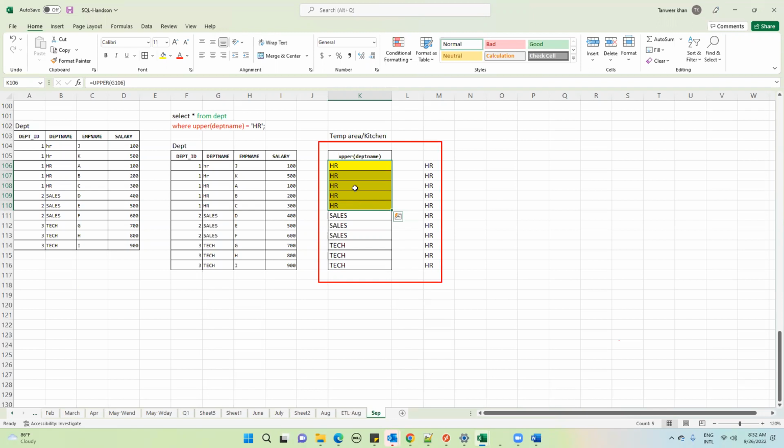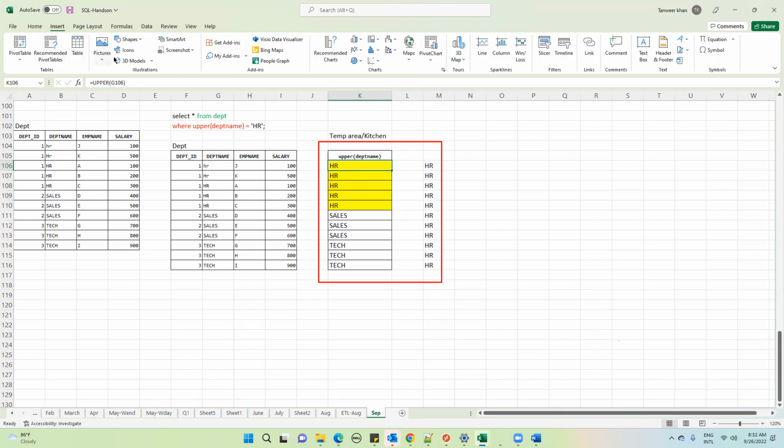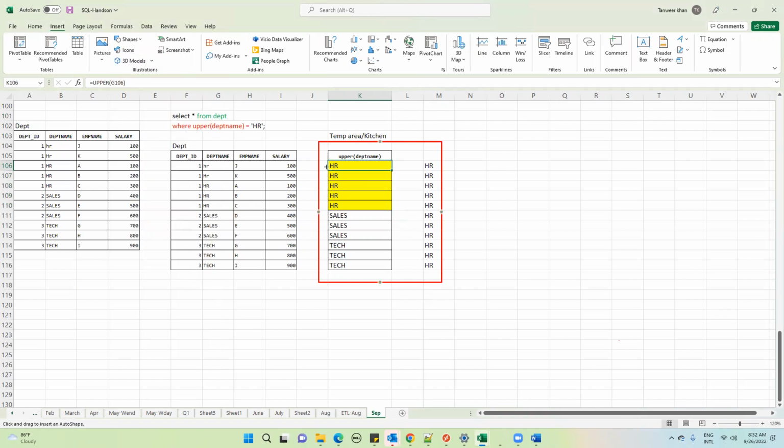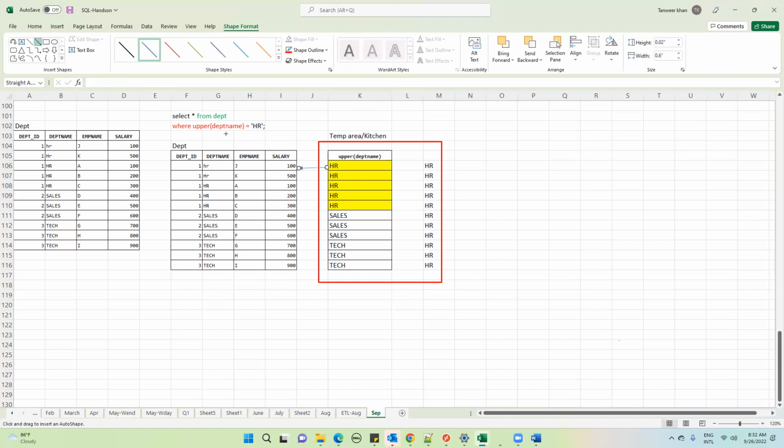Now the waiter will pick it and go to the corresponding address, noting that this was picked from here, this was picked from here.